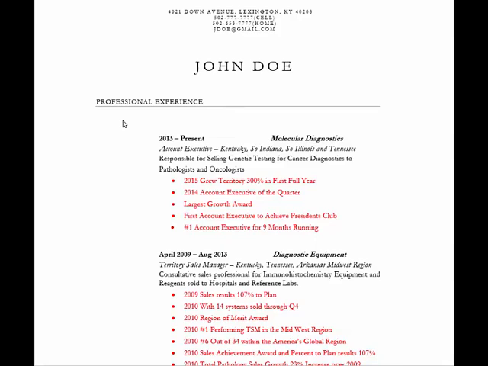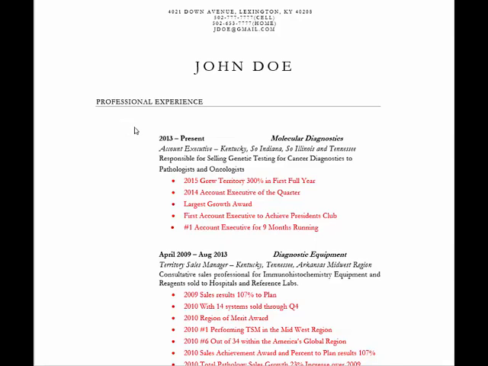A summary could be a summary of your experience: 20 years experience as a capital equipment sales rep selling diagnostic capital equipment to hospitals and reference labs, something along those lines. A lot of times you don't want to put seeking a certain job, because then you may have to change it every time you go after a different position.